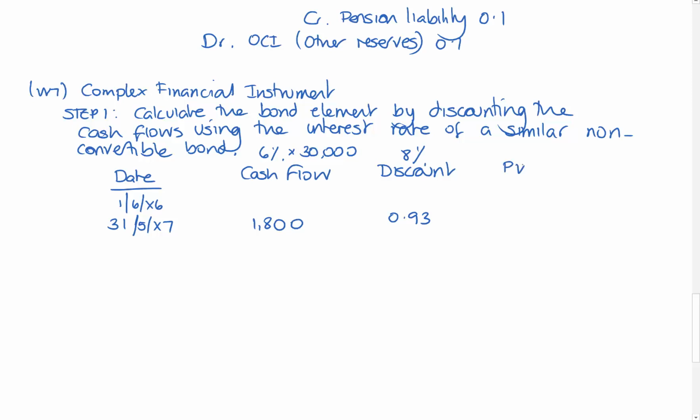So the present value, if I multiply that by 1800, gives me a figure of 1667. At the 31st of May X8, again, our cash flow would be 1800. Discount that for 2 years. That gives me a figure of 0.86. So that's 1543.